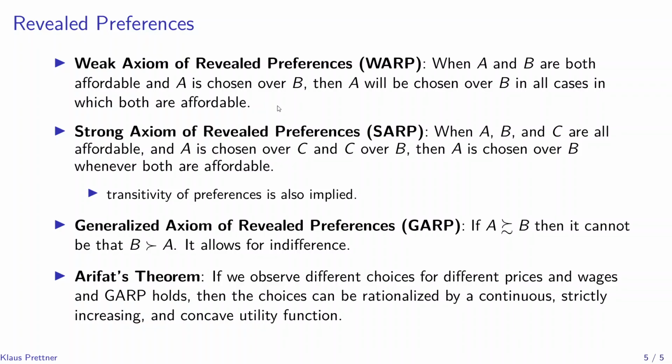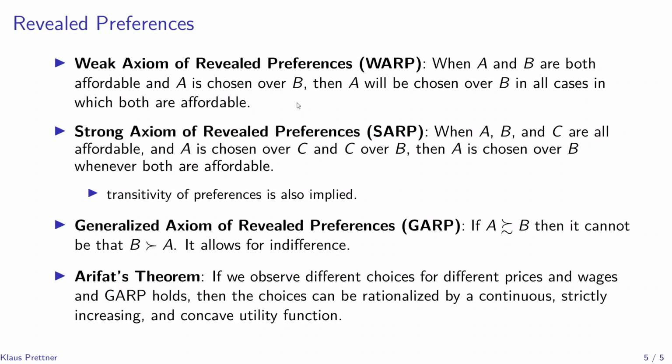In the context of revealed preferences, the four following concepts are frequently referred to. The first one being the weak axiom of revealed preferences, the second one the strong axiom of revealed preferences, then the generalized axiom of revealed preferences, and Afriat's theorem. What do they basically mean?